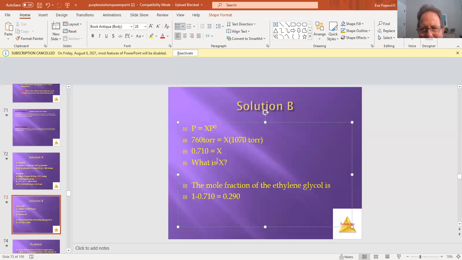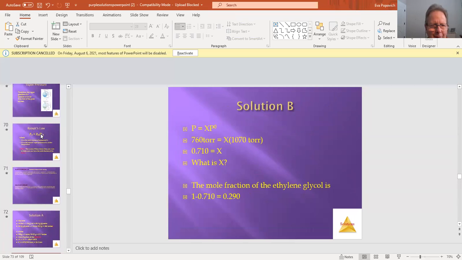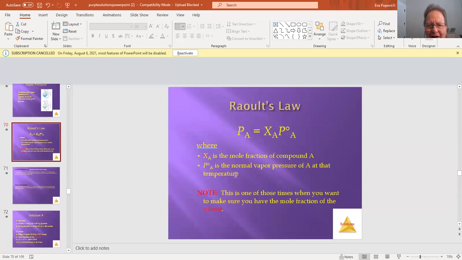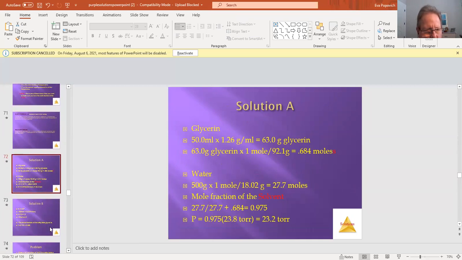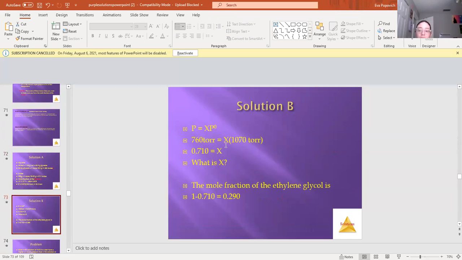I don't know. Remember, X is the mole fraction of the solvent. So what is the 0.7? Is it the water? It's the water. It wants the mole fraction of the ethylene glycol.